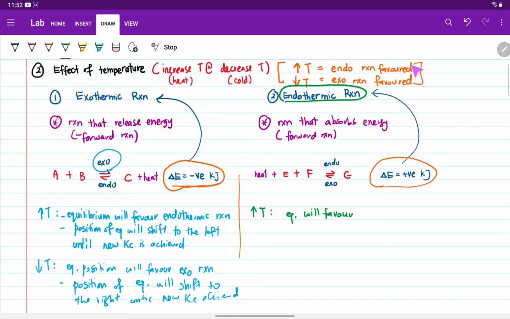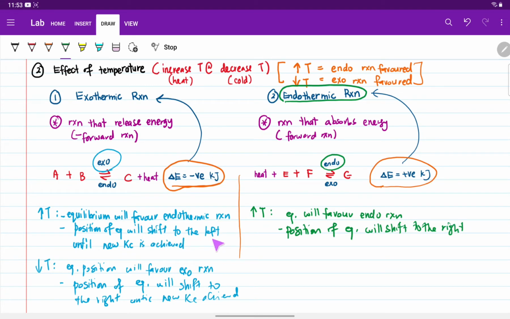Okay, it will favor endothermic reaction. Okay, so kalau kita tengok dekat sini, endothermic reaction, is it forward or reverse? It's our forward reaction. Forward reaction, kiri ke kanan? Dia akan ke kanan. So, kita akan kata dekat sini, position of equilibrium, okay, will shift to the right. Okay, nampak dekat sini?